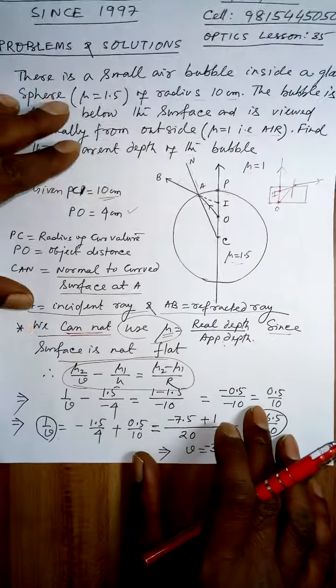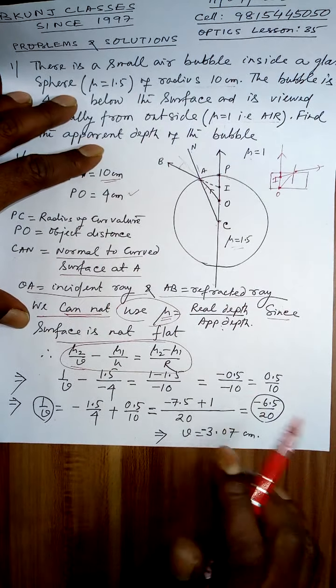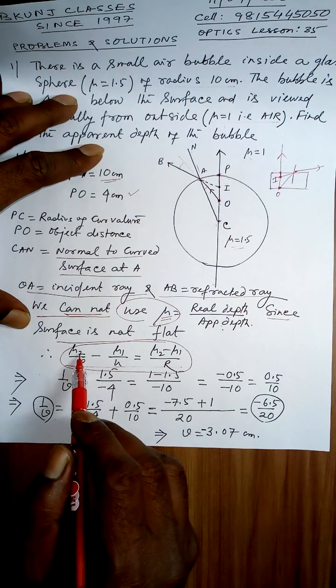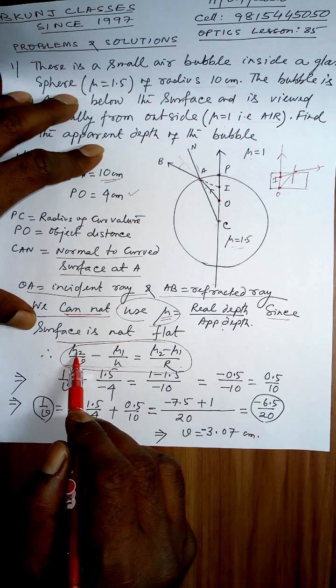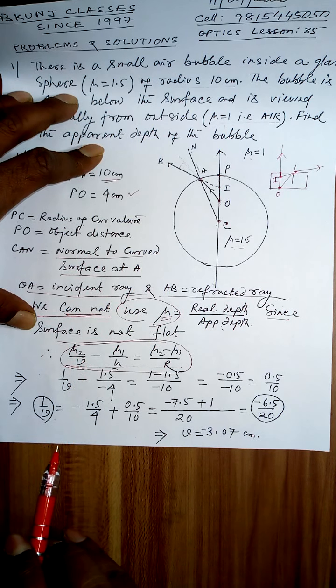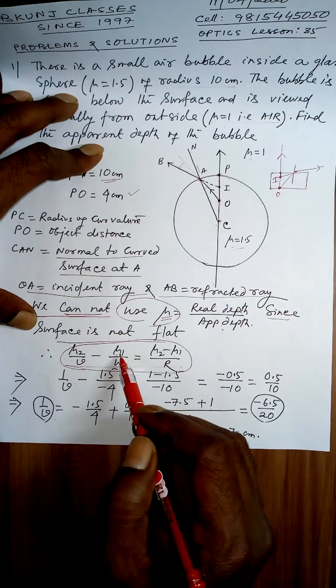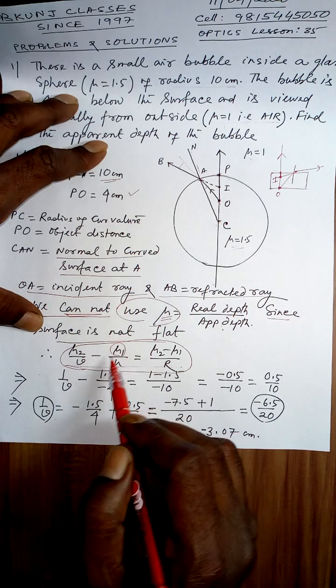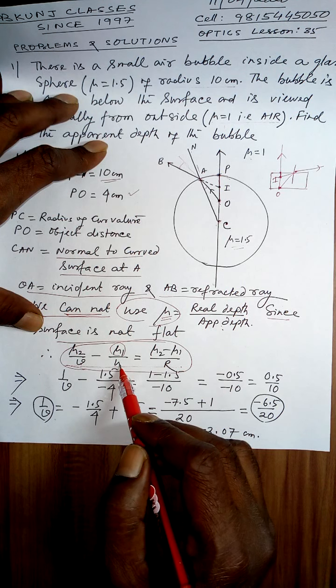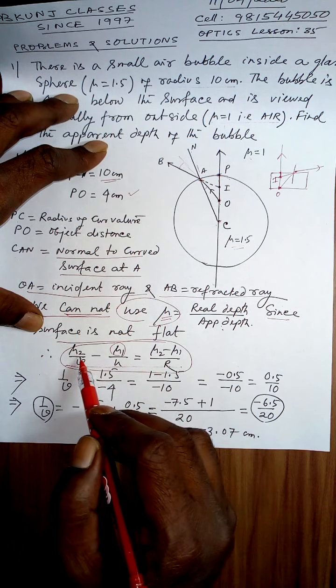What you have to remember here is, while using this expression, mu2 is the refractive index of the medium to which light is going. Mu1 is the refractive index of the medium from which light is coming. V is image distance, U is object distance, R is radius of curvature.